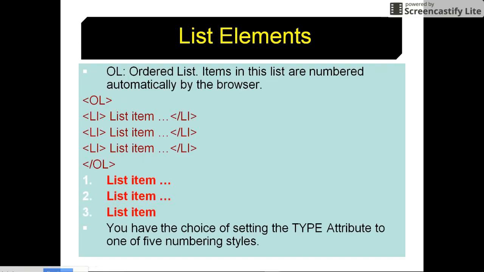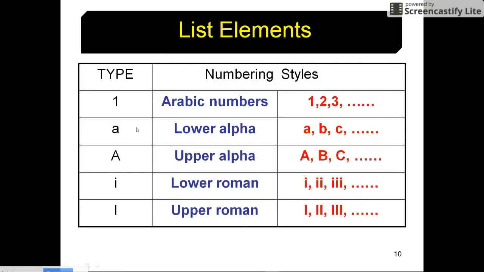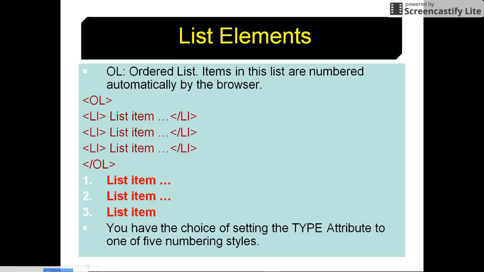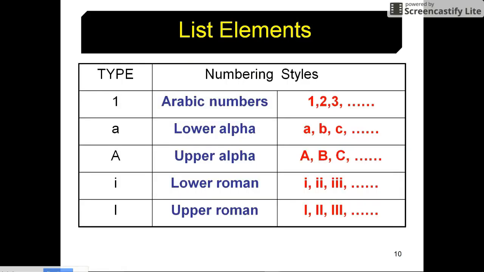Then we have the ordered list. An ordered list contains numbered elements like 1, 2, 3 for certain items in the list. Then there are list elements. An ordered list may contain Arabic numbers like 1, 2, 3 that we use.